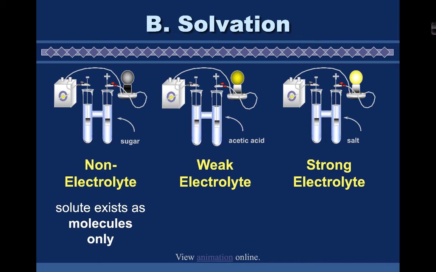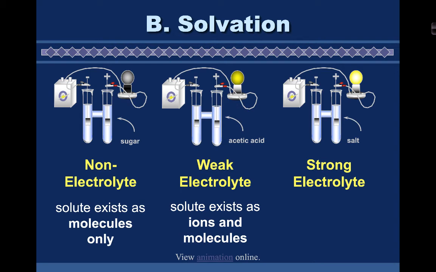So you do not have any charged particles in the solution. Now, if you were to put something in the solution and you create some ions, that's a weak electrolyte. If you were to take a weak acid like acetic acid, which is found in vinegar, and put it into a solution, you create some ions in the solution. So it is conductive, but it's just not very conductive.